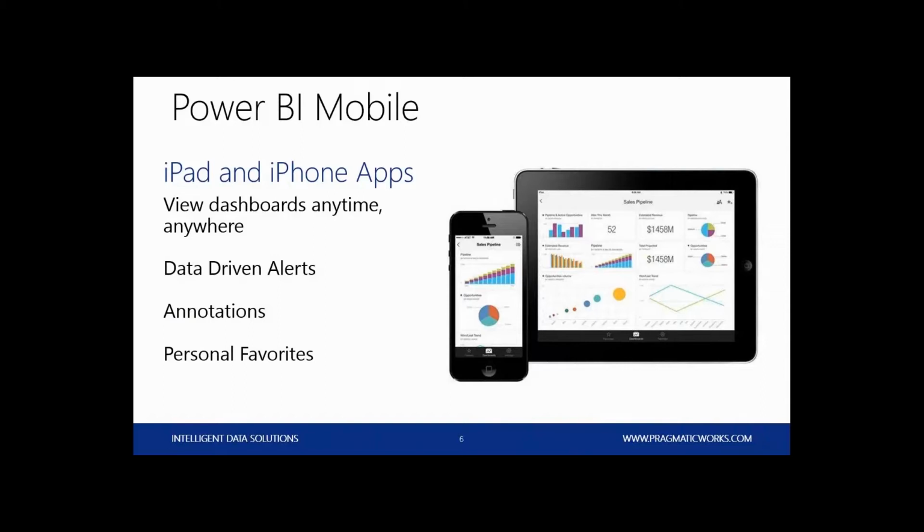And so basically you're able to view the dashboards that you develop anytime, anywhere from mobile devices, either on an iPad or an iPhone. And the neat thing about how this works is it can be very data-driven. So you can create things like data-driven alerts.